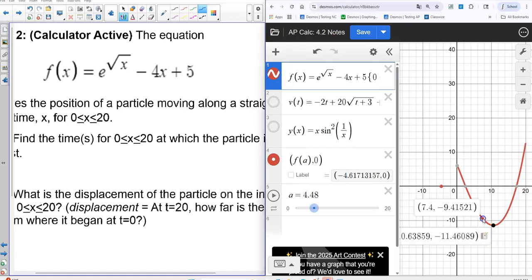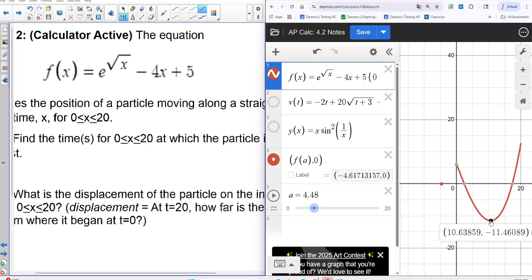So we could definitely use, because we got this here, the minimum point of this graph, right? So we would say at x equals, let me zoom out a little bit so I can see that.